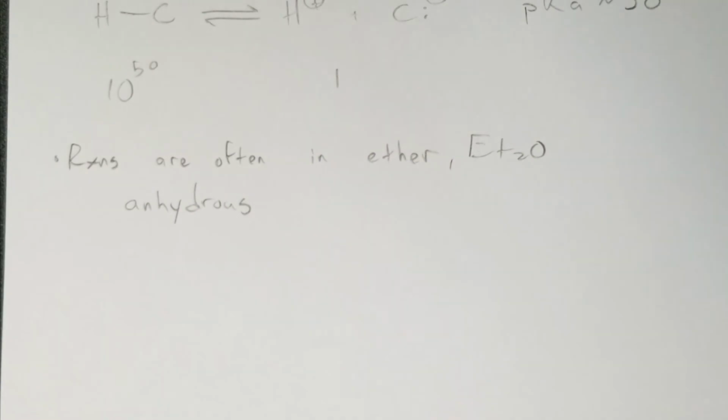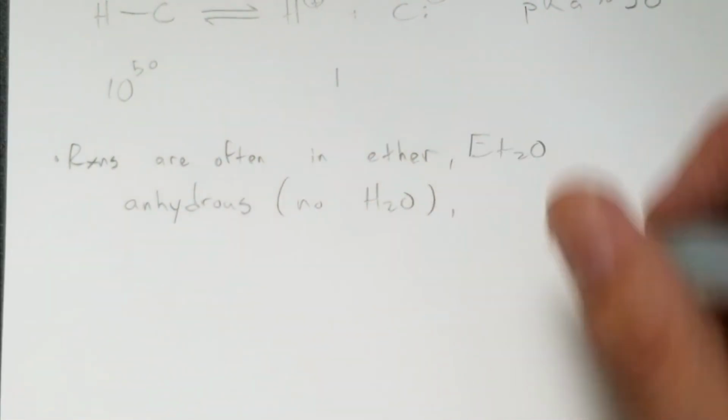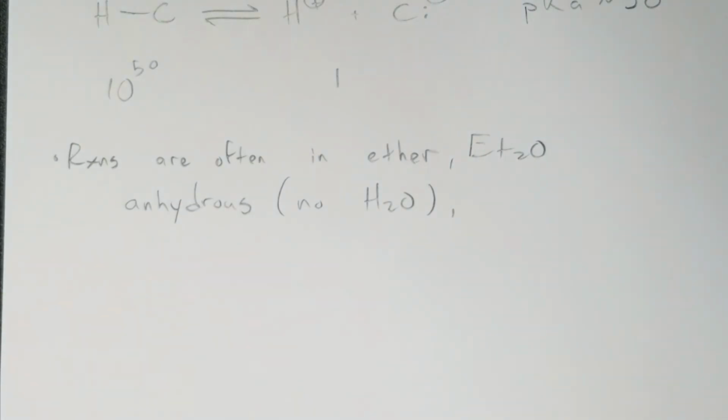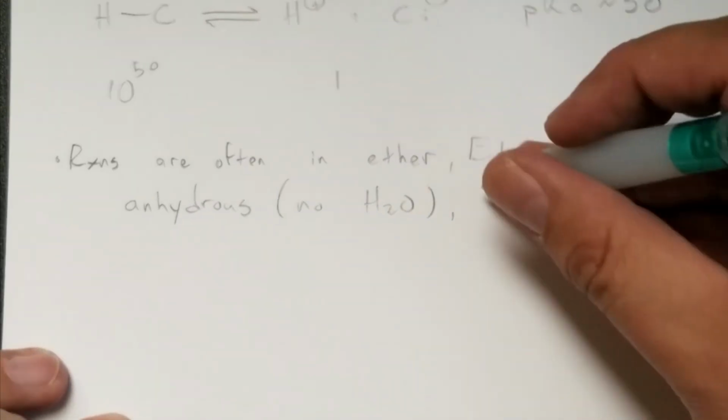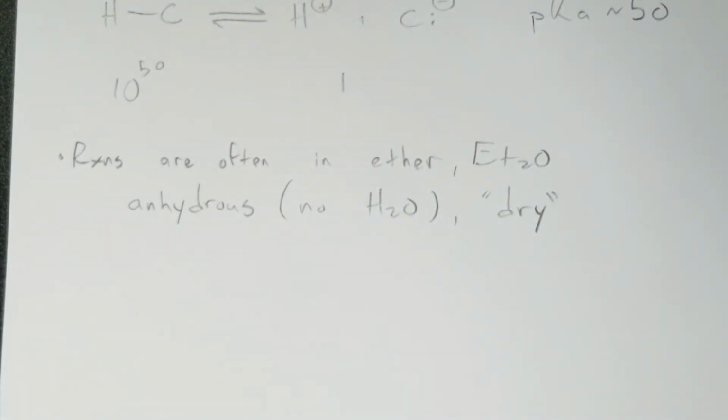That means there's no water. The way that organic chemists typically refer to an anhydrous solvent is as being dry. So when we use the word dry in organic chemistry, we're not referring to no liquid, we're referring to no water. A dry solvent means no water whatsoever.